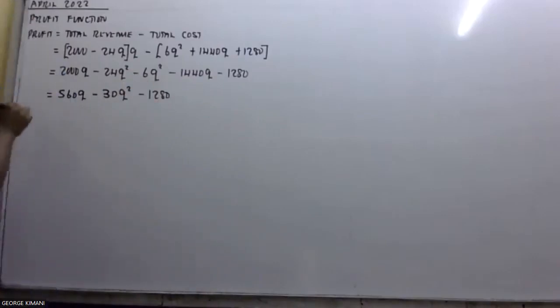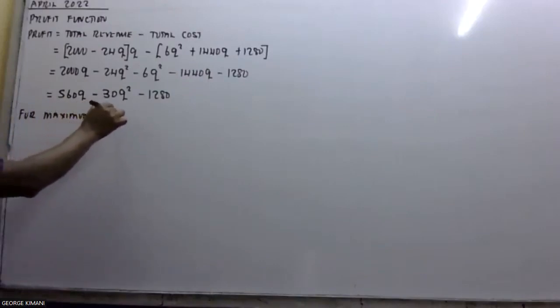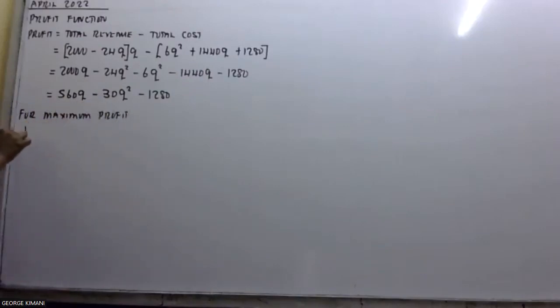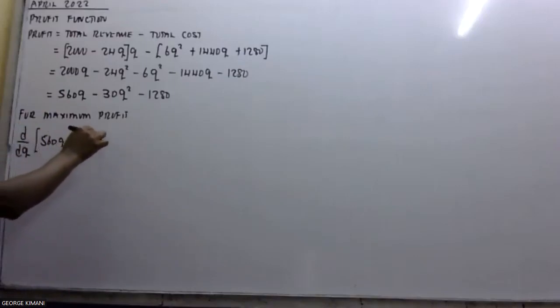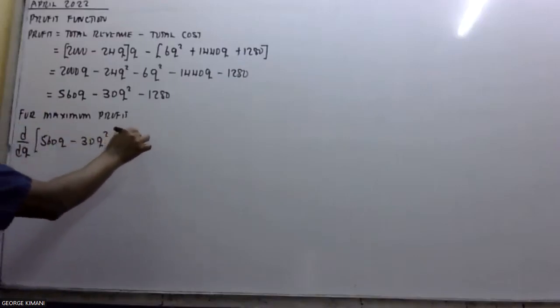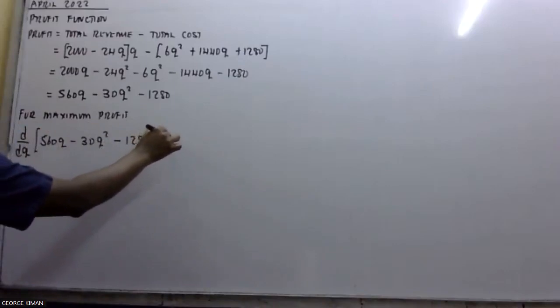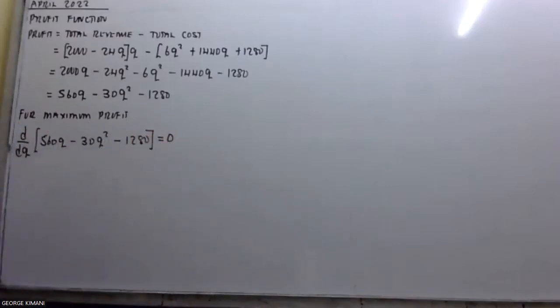Then for maximum profit, you differentiate this function with respect to Q, and it should be equal to 0. So tell me, Q is how many units?